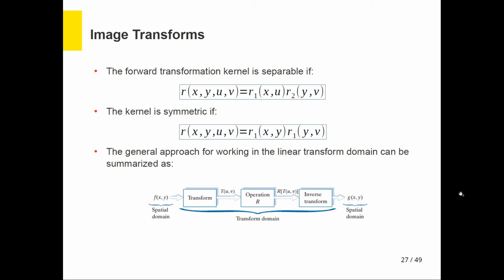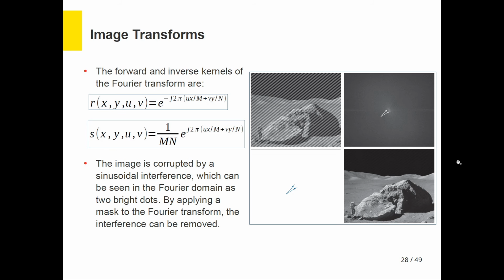Let's see an example of how this works. A very well-known example is when we use the Fourier transform for images. For the case of the Fourier transform, the forward and the inverse kernels are shown using these complex functions.